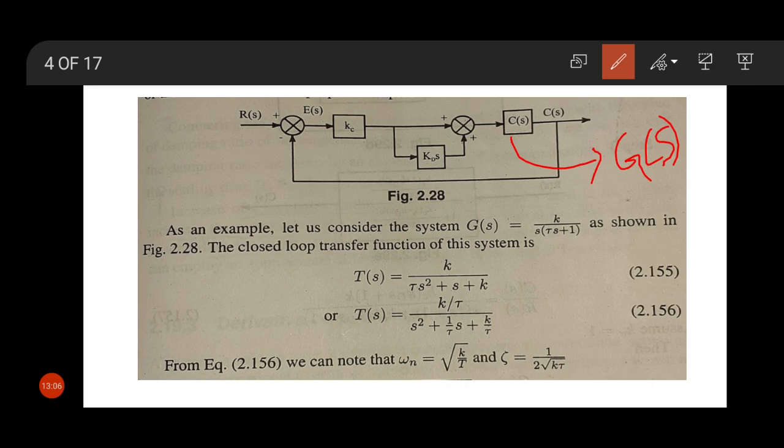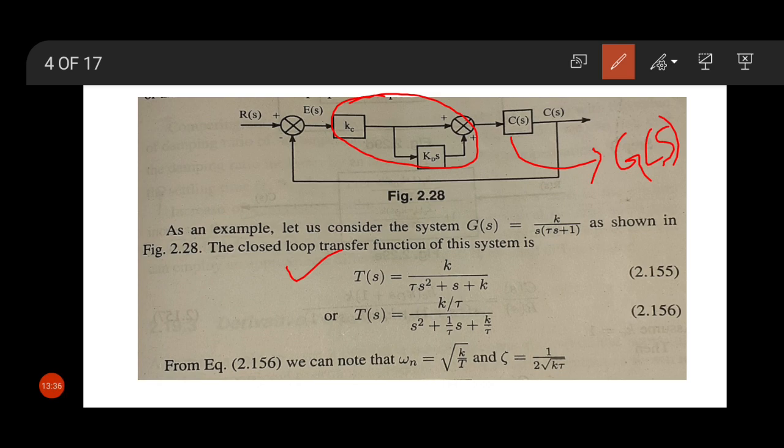The closed loop transfer function of the system without the compensator, that means when these compensation techniques are absent, is T(s) equal to K divided by tau s square plus s plus K.